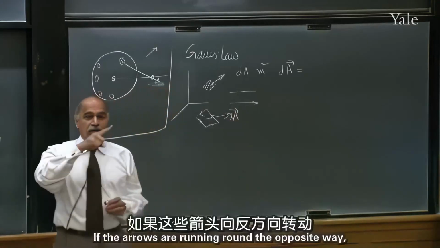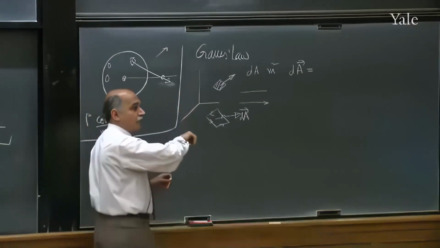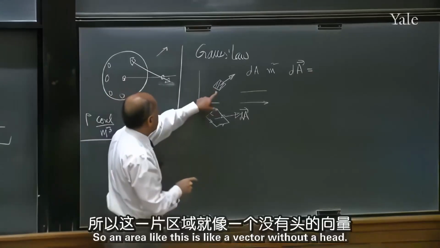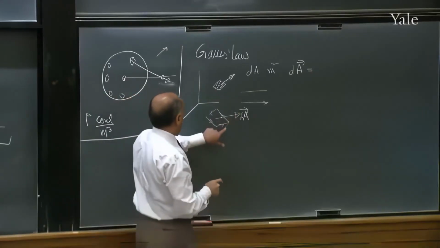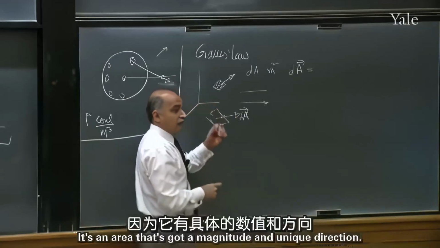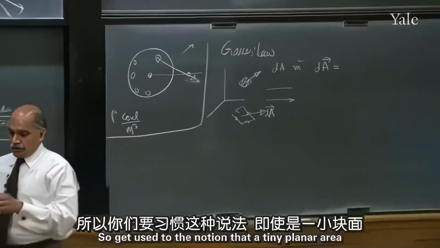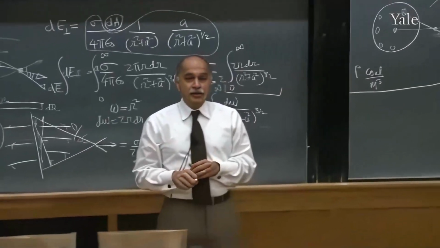If the arrows were running around the opposite way, then your thumb will point into the blackboard. So an area like this is like a vector without a head. An area like this is a signed area. It's an area with a magnitude and unique direction. Okay, so get used to the notion that a tiny planar area can be represented as a vector.